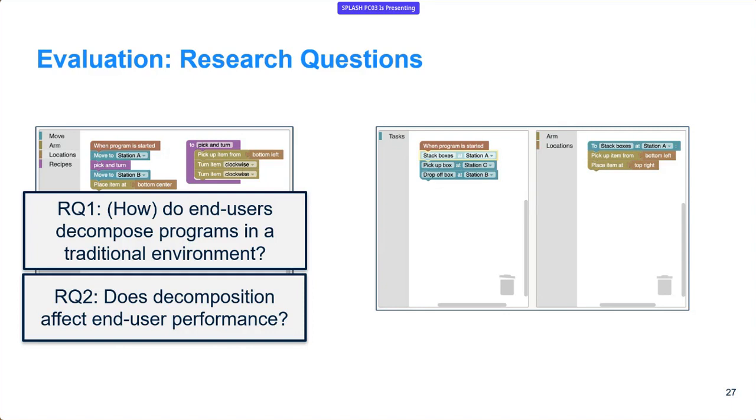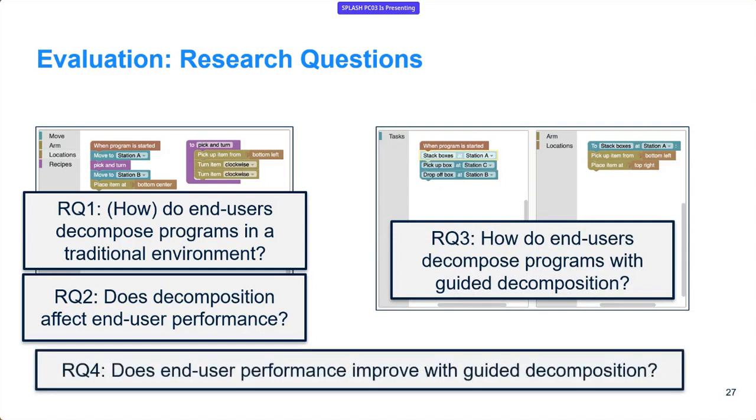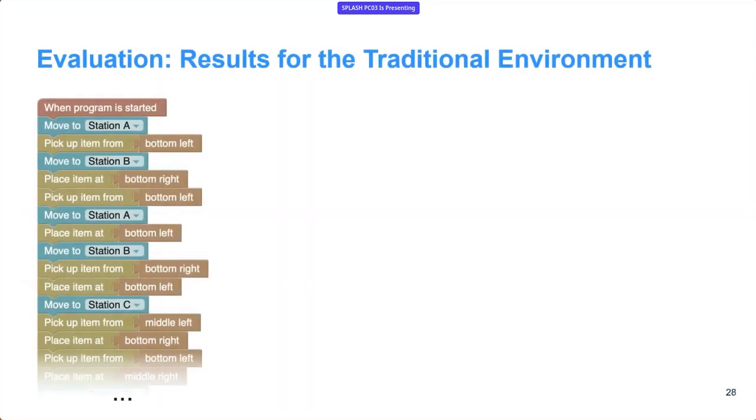We also ask, does the decomposition actually affect their performance? And then for the environment that we built, we are asking, how do end users decompose programs there when they have the guided decomposition? And finally, across both environments in comparison, does the guided decomposition help them and affect their performance while solving the tasks that we gave them?